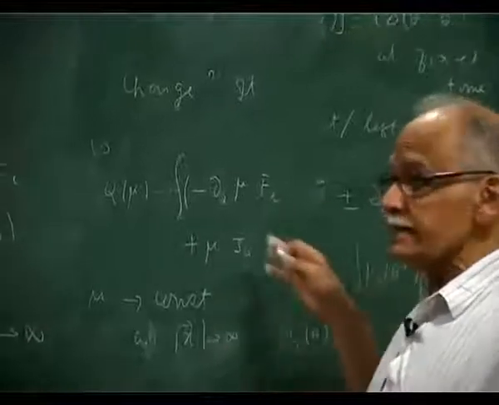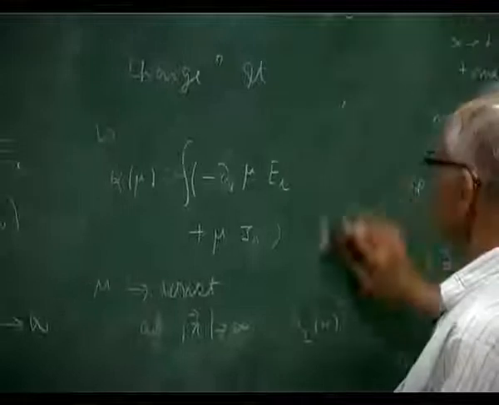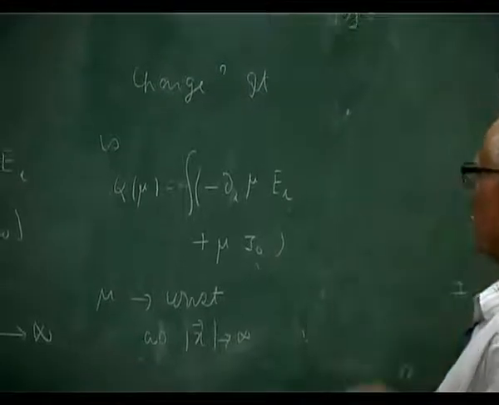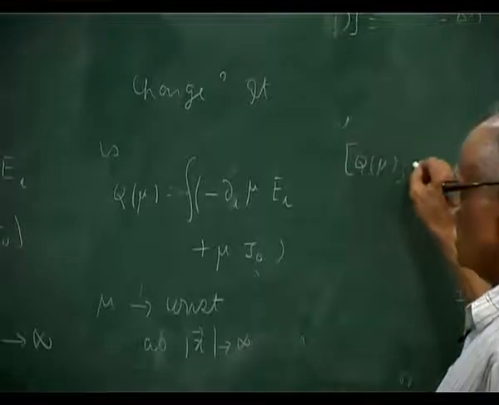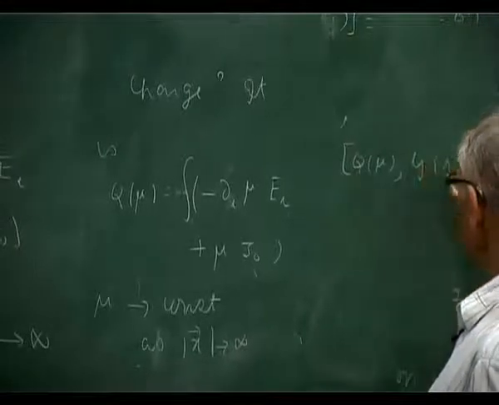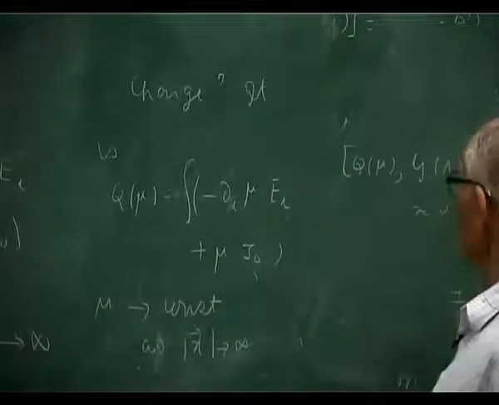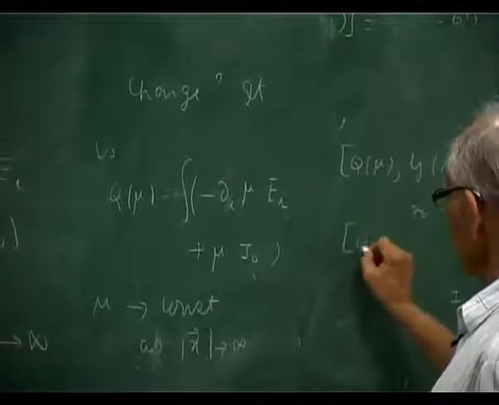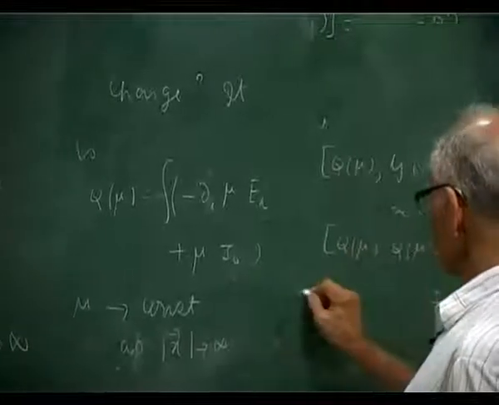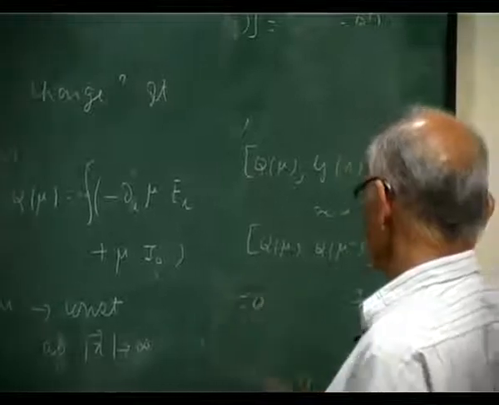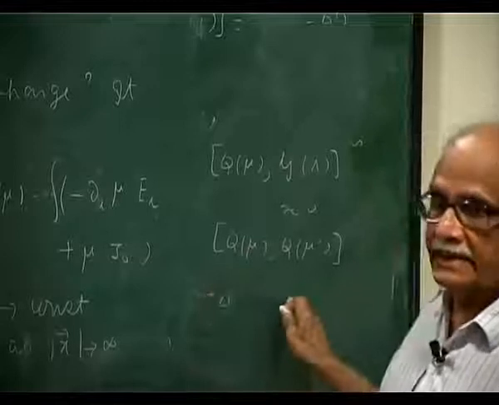You can check easily that Q commutes with G. In this case Q mu with G lambda is actually weakly 0, and in this case also, the abelian case, Q mu with Q mu prime is weakly 0, because it is in the non-abelian case you will get the non-abelian algebra.